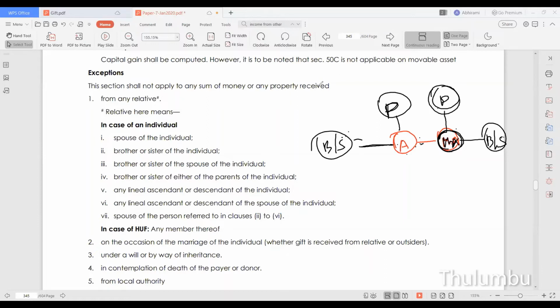Brother or sister of either of the parents of the individual: the brother or sister of his father and mother. Linear ascendant or descendant: the children of these two are also relatives. Then the wives of all of these, and the wives of the children, all these people are called relatives.